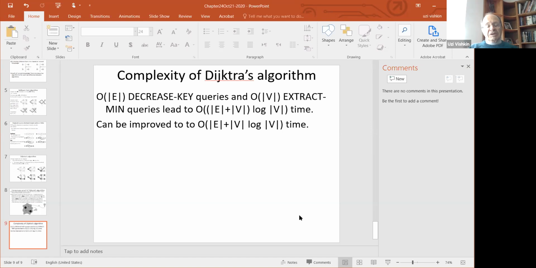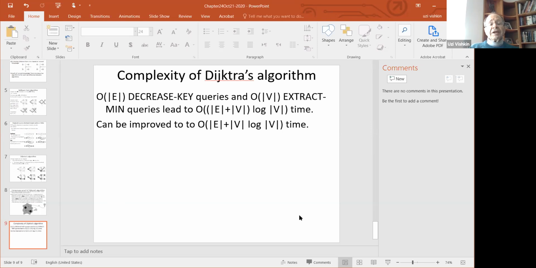If you go back and look at your books or at the slides or at the textbook, you will see that we considered before data structures that support this family of queries, decrease key and extract min.